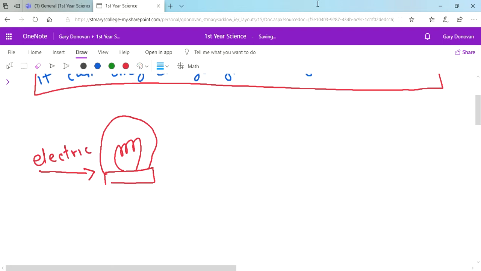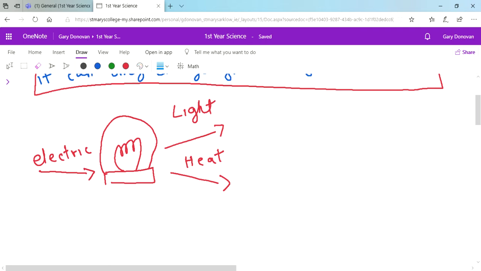Electric energy comes in, but the light bulb changes that electric energy into light energy. Do light bulbs change electric energy into anything else? Yeah, they change it into heat energy. So energy is changing from electric energy into light and into heat.